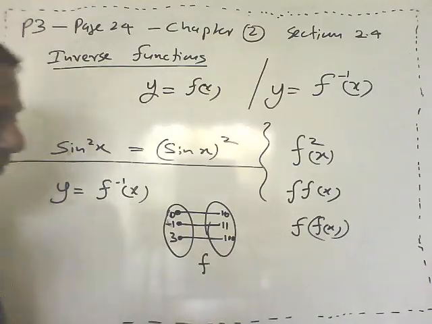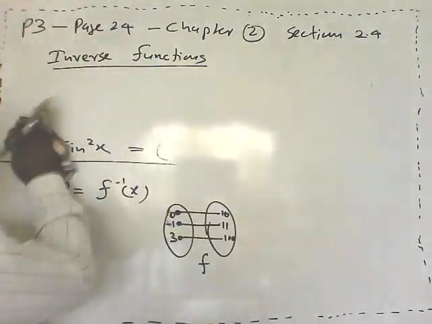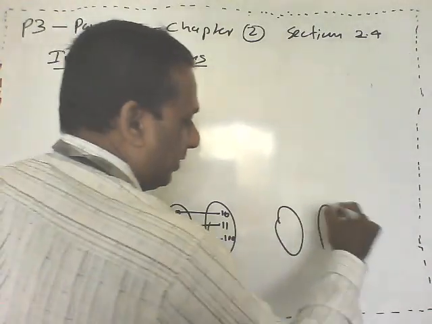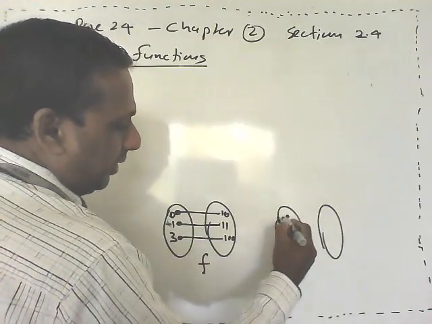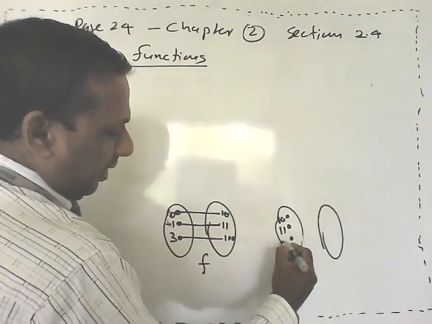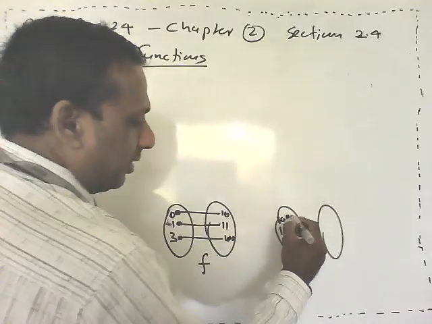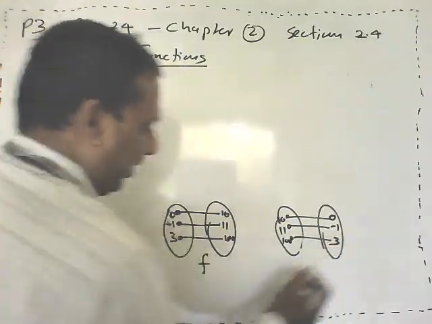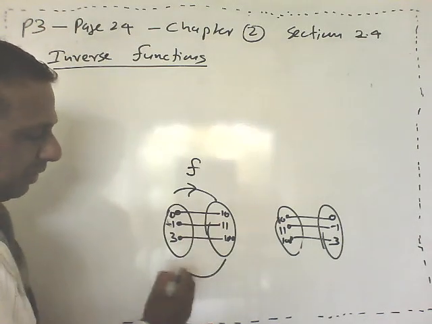If this is f, then f inverse will map 10, 11, 100 back into 0, minus 1, and 3. Actually, if f goes in this direction, f inverse goes the other way.